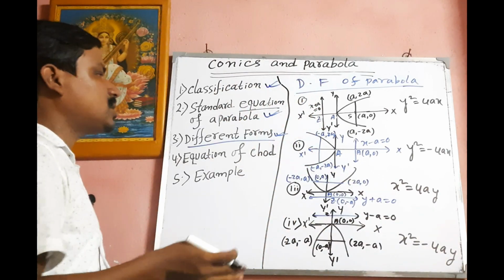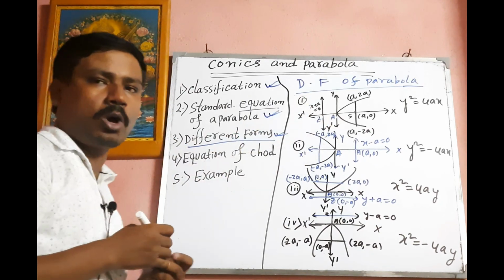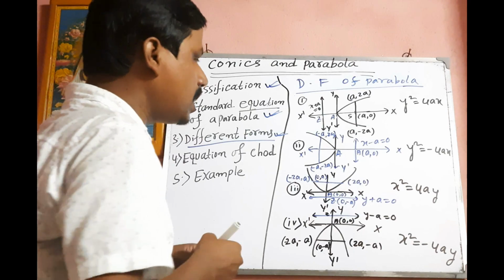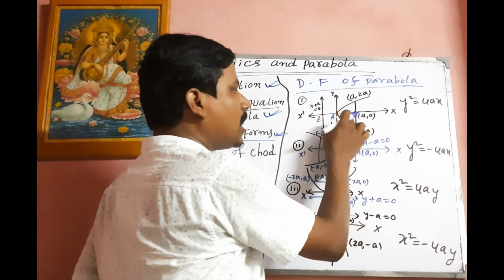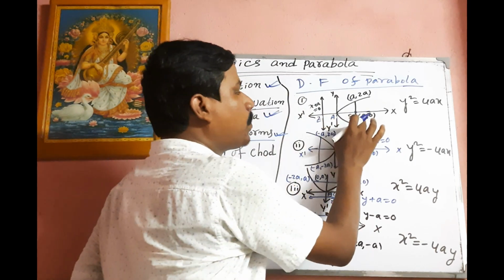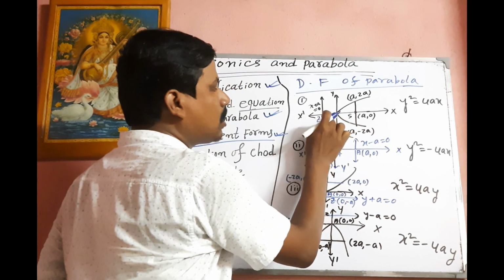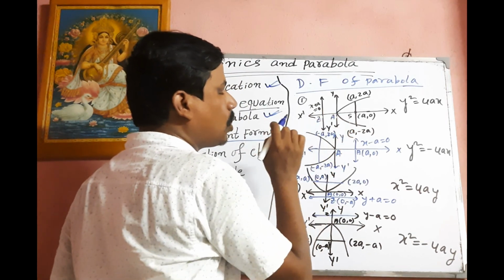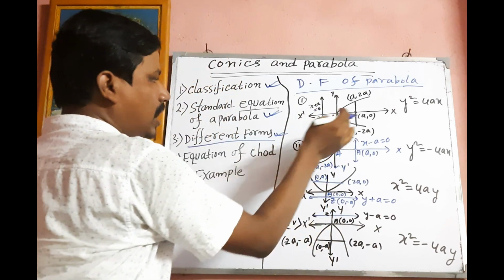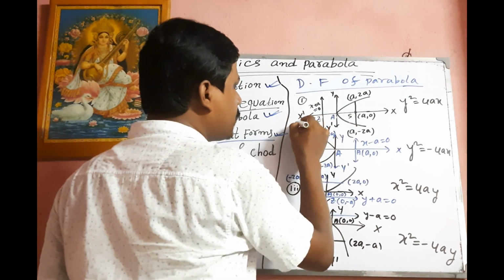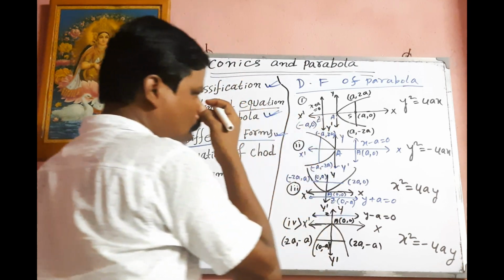The four standard equations can be explained here in the different forms part. Here this is S, and the point S is called the focus, and the coordinate of S is a comma 0. The coordinate of A is 0, 0, and Z is a point on the x axis, with coordinate minus a comma 0.